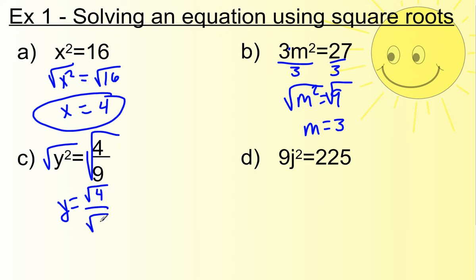We think about the square root of the top and the square root of the bottom. The square root of the top is 2. The square root of the bottom is 3. So y equals 2/3. I square rooted the top and the bottom separately, just as part of the fraction.